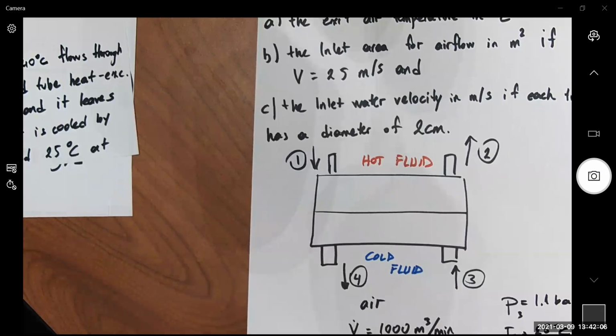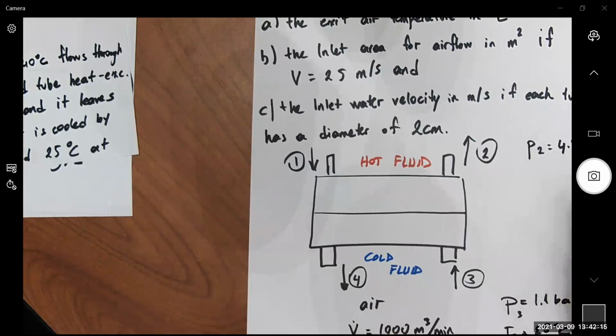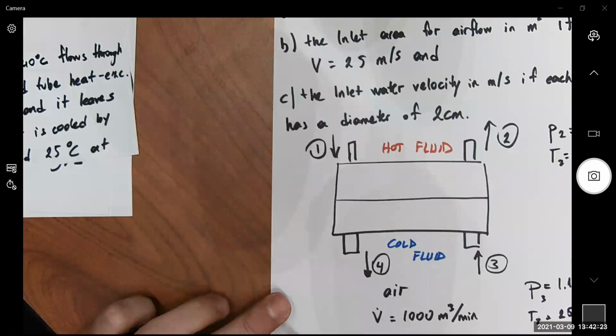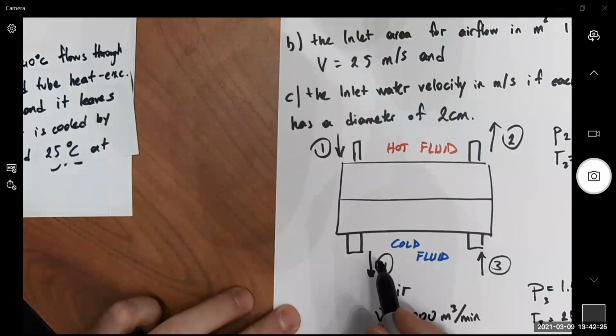Velocity 25 meters per second. Pressure at the exit of the hot fluid 4.8 bar, temperature 60 degrees Celsius. Pressure 1.05 bar.